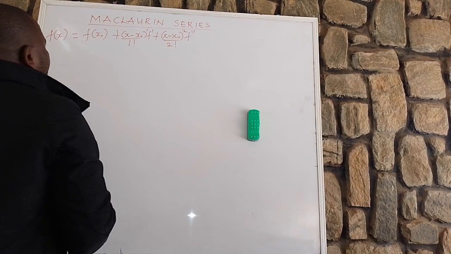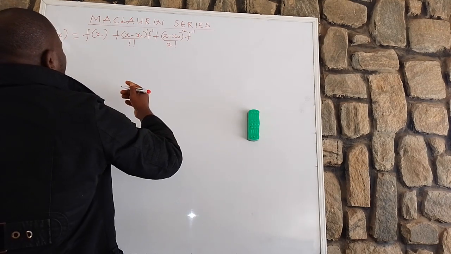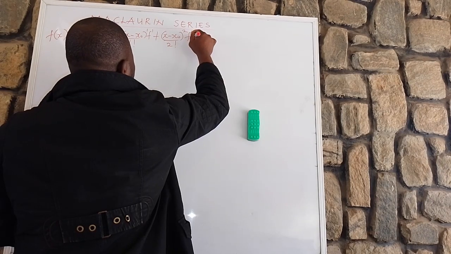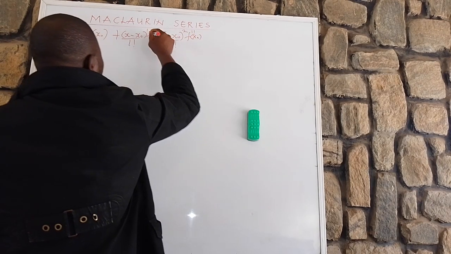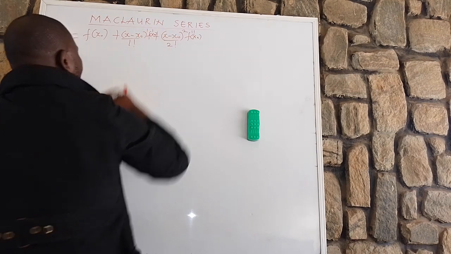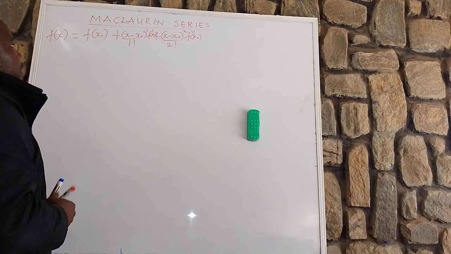We can still put x naught if you want to, but is it necessary?